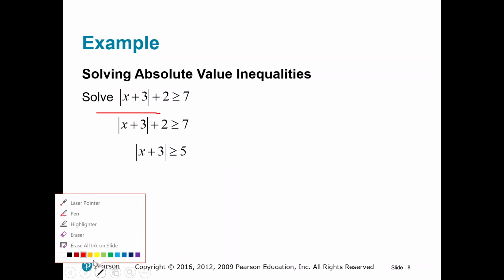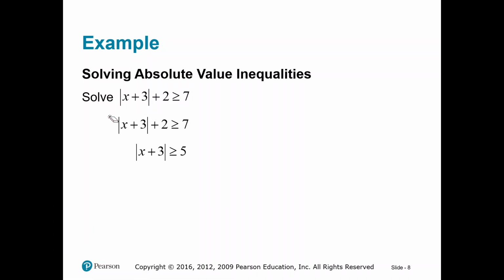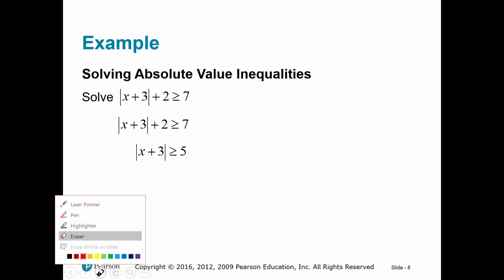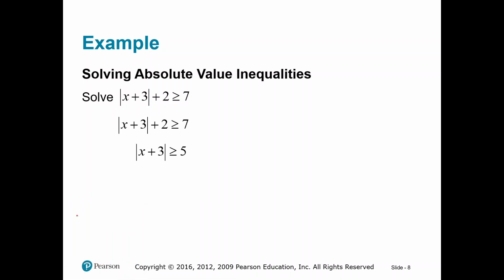Oops, minus 2. So minus 2, minus 2. And now the absolute value of x plus 3 is bigger or equal to 5.